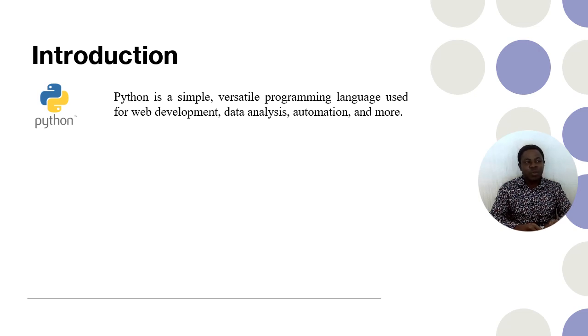It supports multiple programming paradigms, including procedural, object-oriented, and functional programming. Python is widely used for web development, data analysis, machine learning, automation, and lots more. So these distinct functions make it the most popular programming language today.